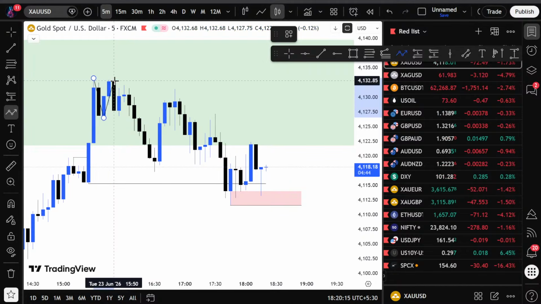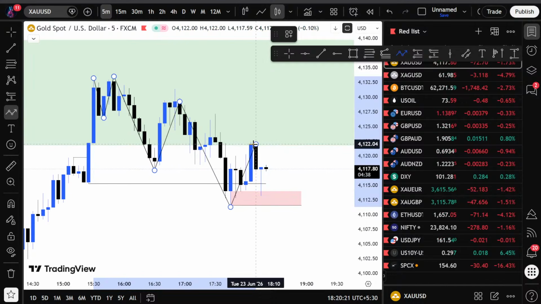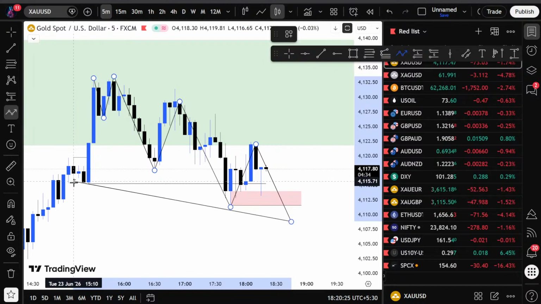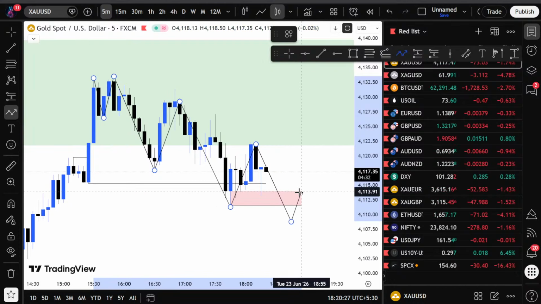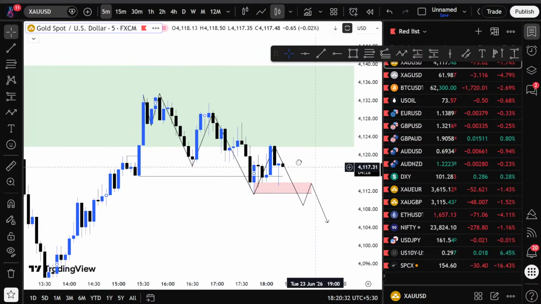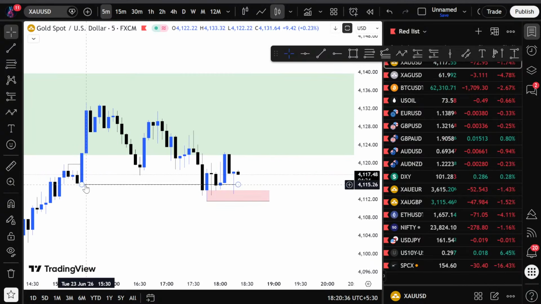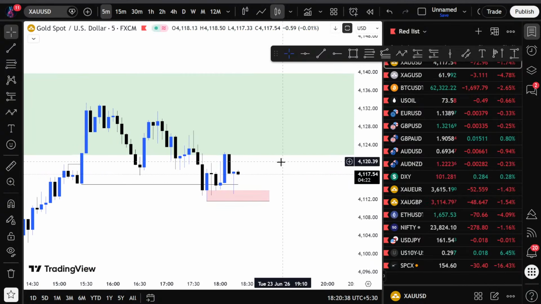This is a low, high, lower low, retest, drop, again the lower low. If it creates a new lower low with two candle closing below this low, then we short on this red zone retest. First, we need two candle closing below this low.